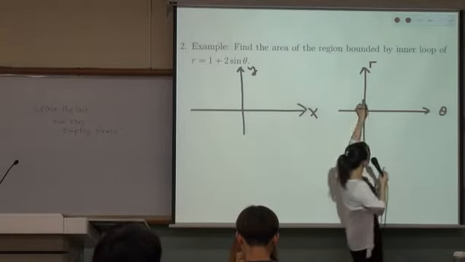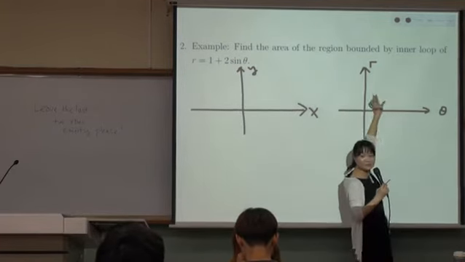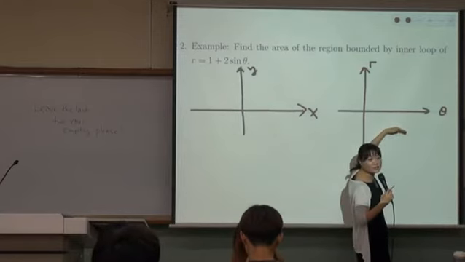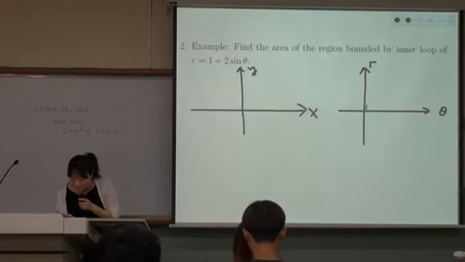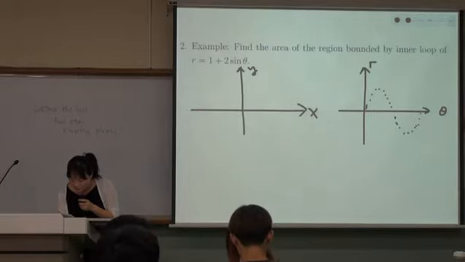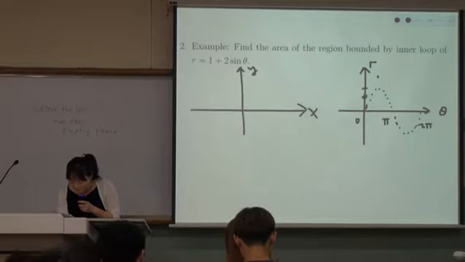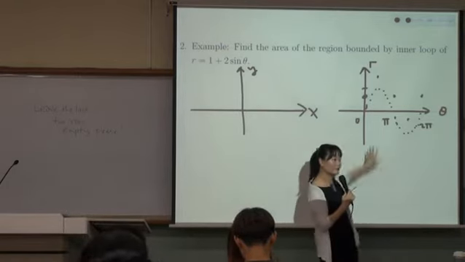So first of all, 2 sine theta is like this with the maximum and minimum 2 and minus 2, and it is translated up by 1. So go ahead and draw.